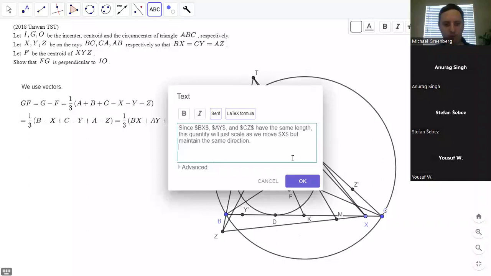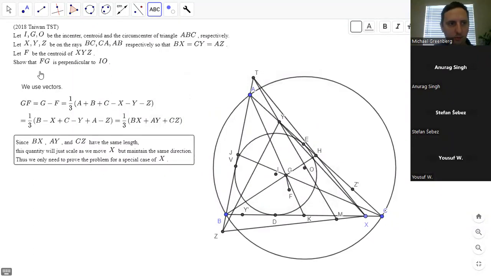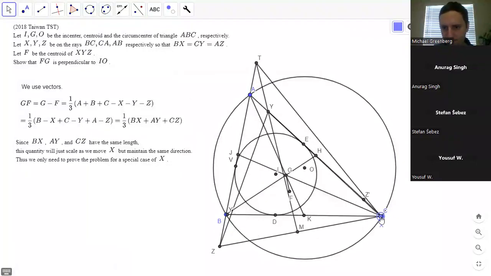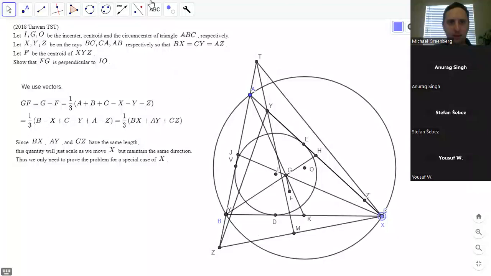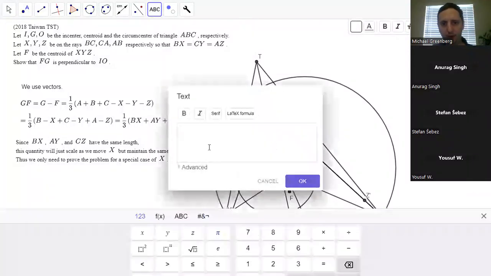So thus we only need to prove the problem for a special case of X. All right. So let X equal C. Then from a previous video, TY is perpendicular to IO.